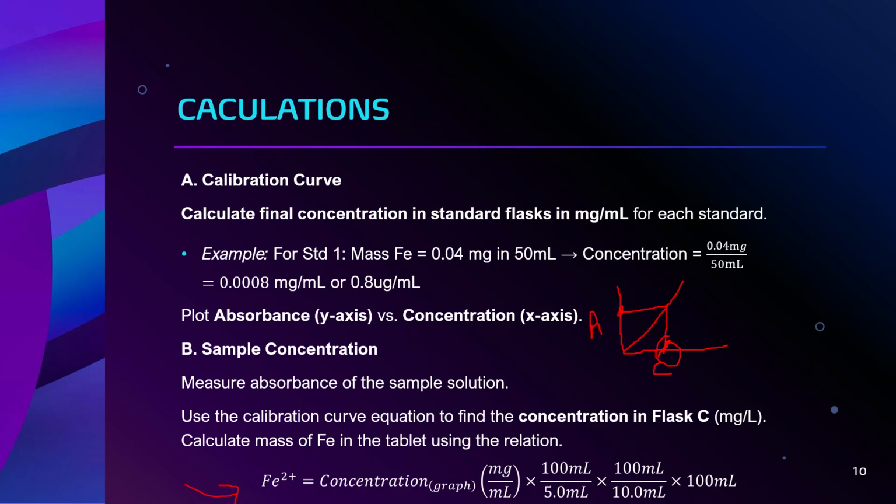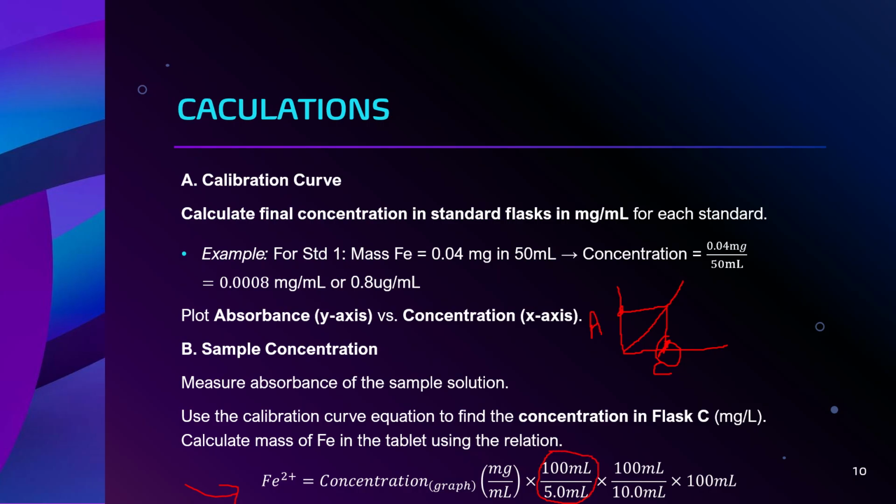Because the concentration is in flask C, you need to multiply it with the volume ratio, because flask C was prepared by taking only 5 ml liquid from flask B and diluting it into 100 ml. So this volume factor will give you the concentration of iron in flask B.